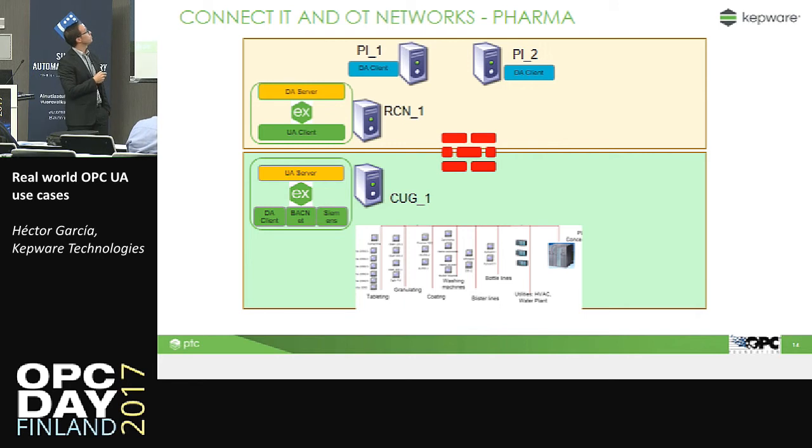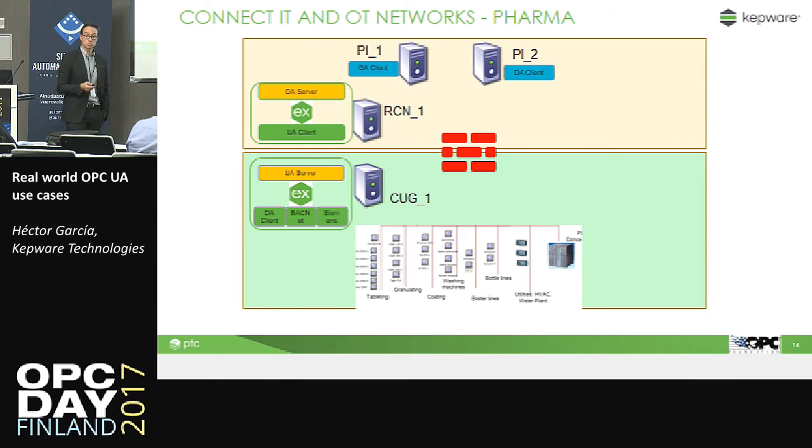Okay, this piece was only needed because this software was at that time not OPC UA enabled. Okay, if PI was an OPC UA client, you don't need this part at all. Of course, due to pharma regulations, you cannot afford losing data.